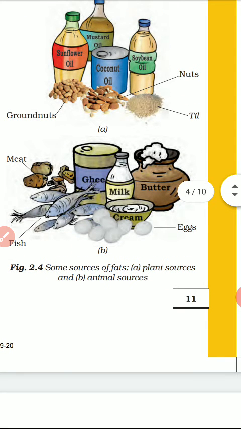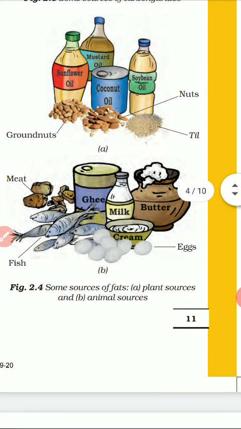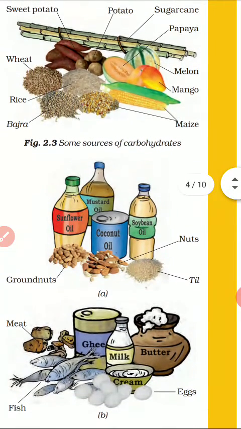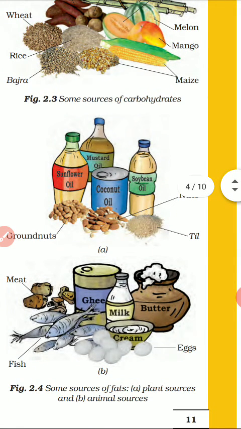The next are the fats from plants, which the seeds give, and the fats from animals are fish, milk, ghee, butter, cream, eggs, meat. All these contain animal fats. So this is figure 2.3, carbohydrates, and figure 2.4. These are the energy giving food.